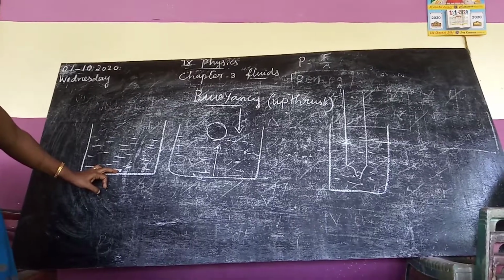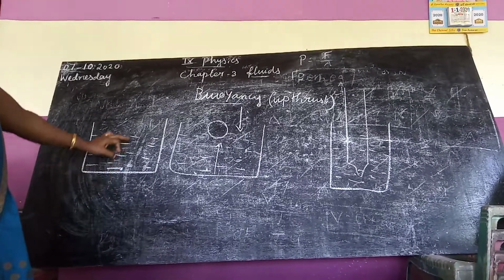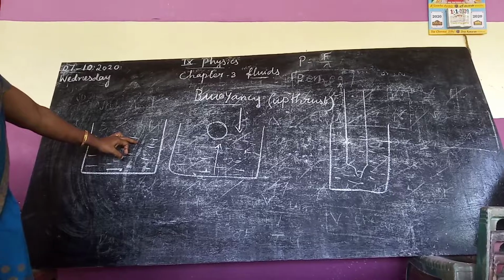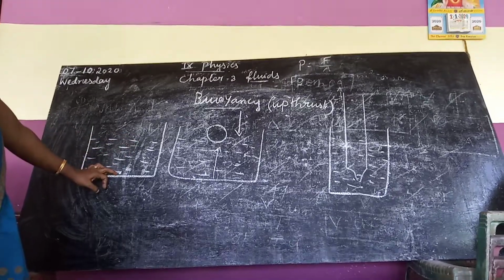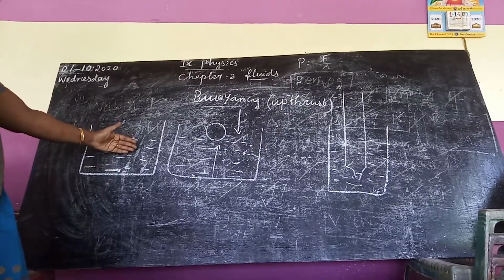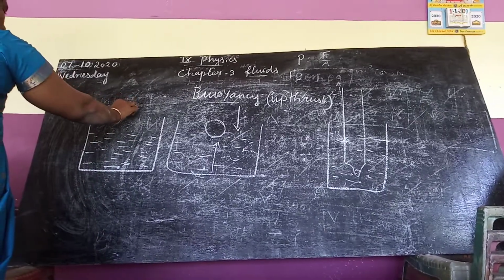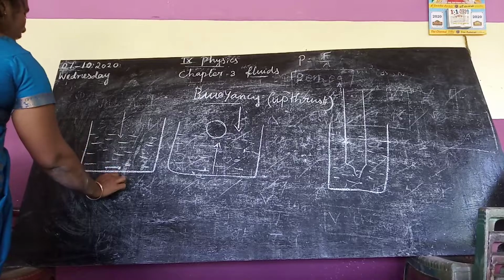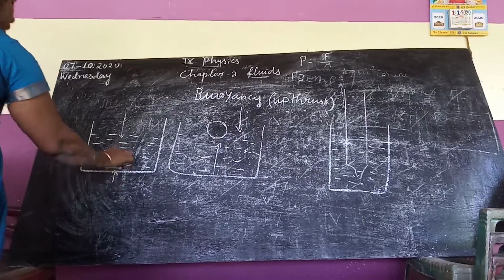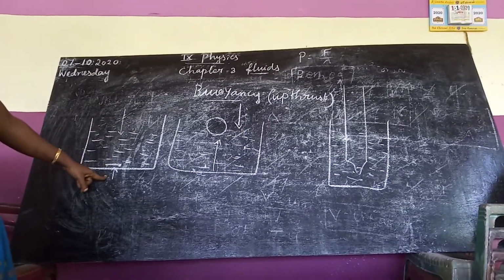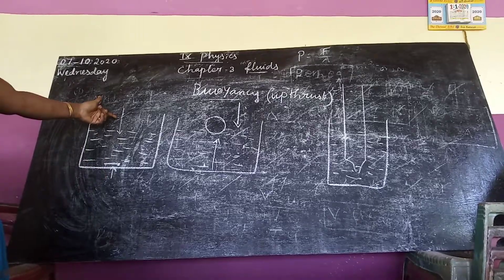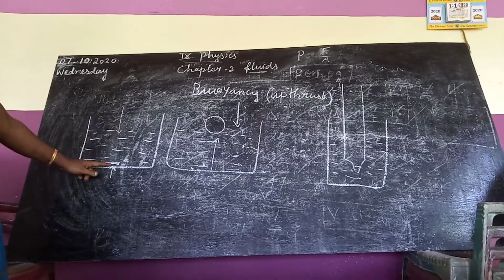The weight of the object is greater than the weight of the liquid. Here the gravitational force acts downward and the upthrust force acts upward. The upthrust force is less when compared to the gravitational force, so the object is sinking.